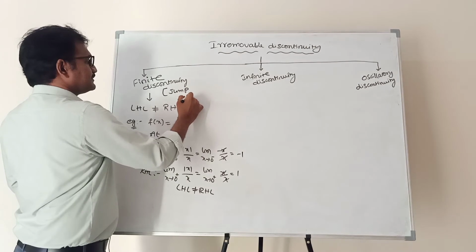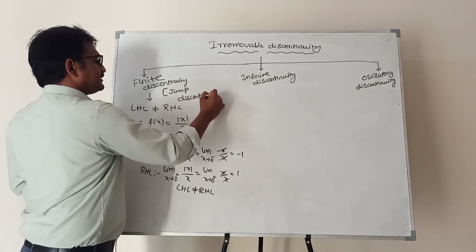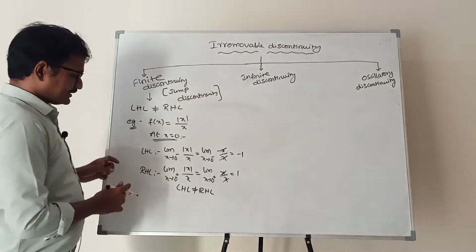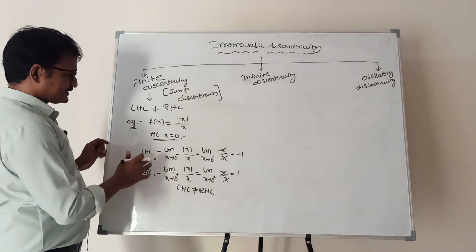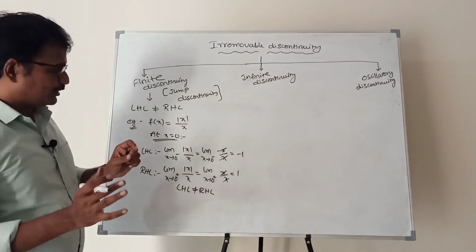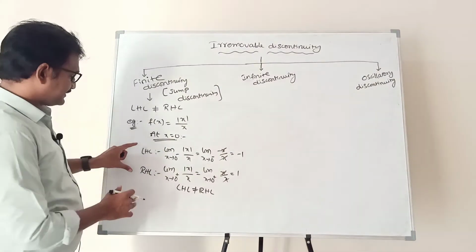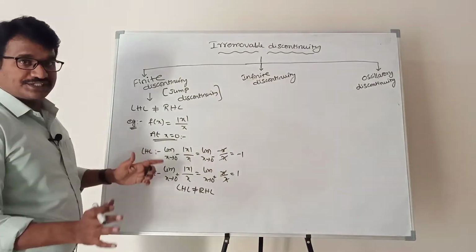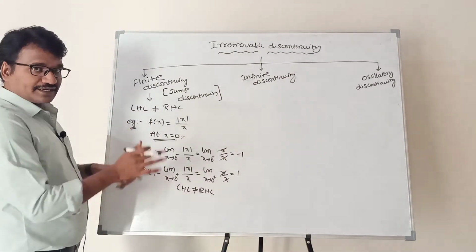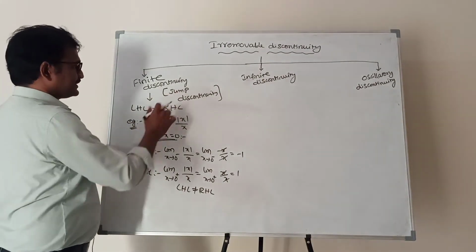Why it is called jump discontinuity? Because the difference between LHL and RHL, how much it is jumping from left hand limit to right hand limit, that is called jump discontinuity.